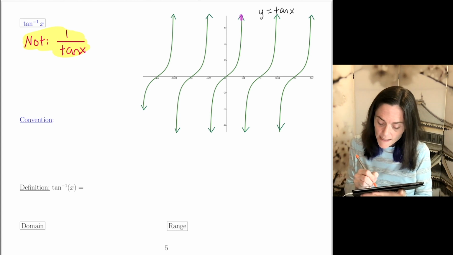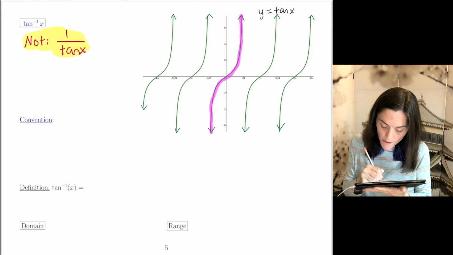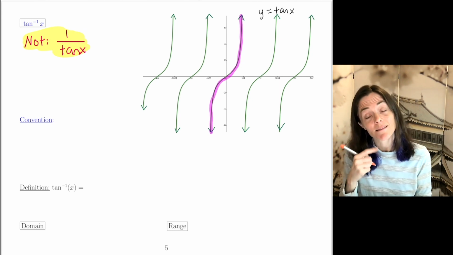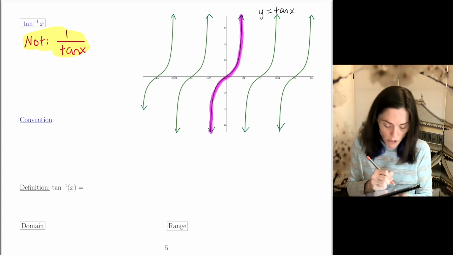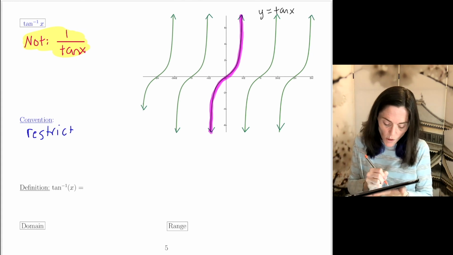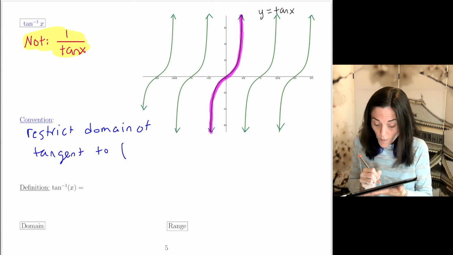The convention is just to use this piece. It's very similar to the restriction we did with sine. The convention is we restrict the domain of the tangent to minus pi over 2 to pi over 2, open.